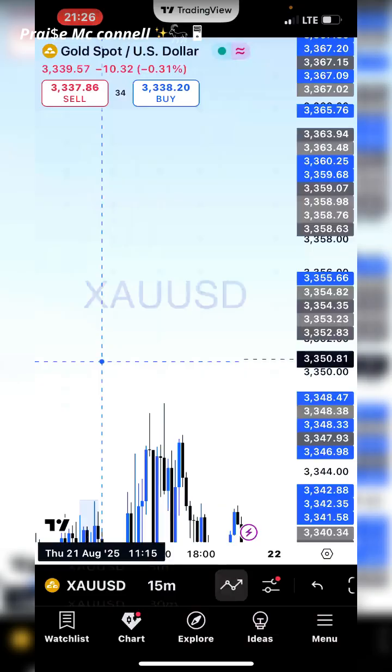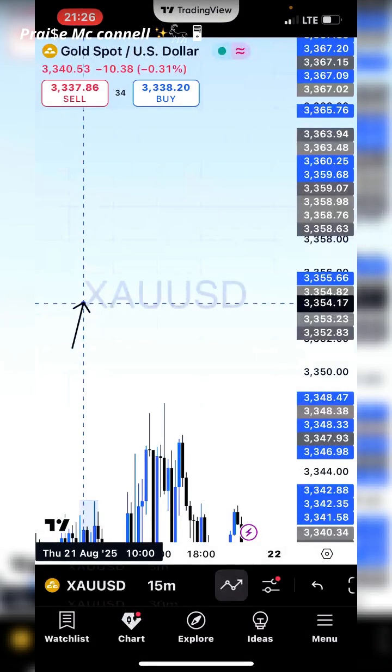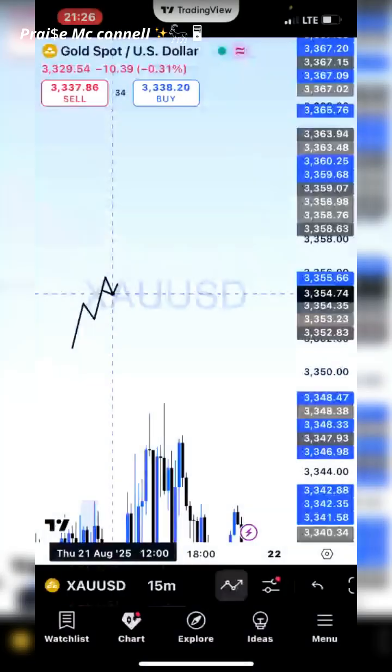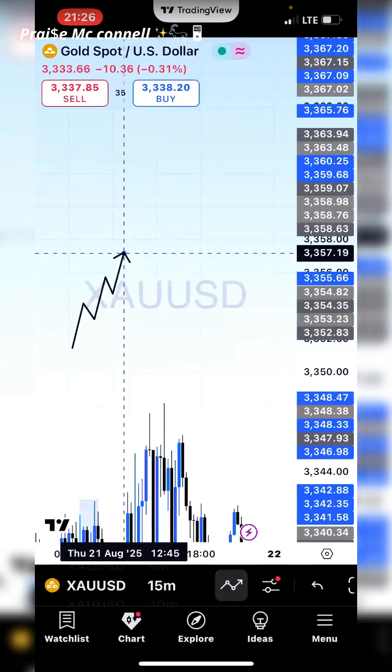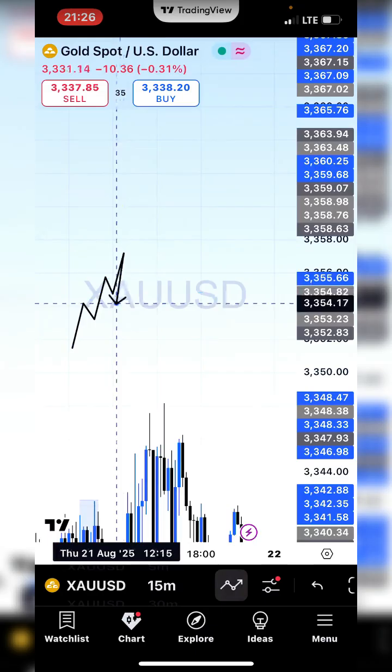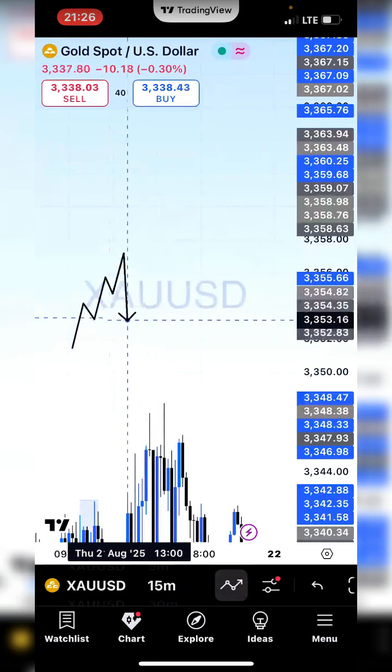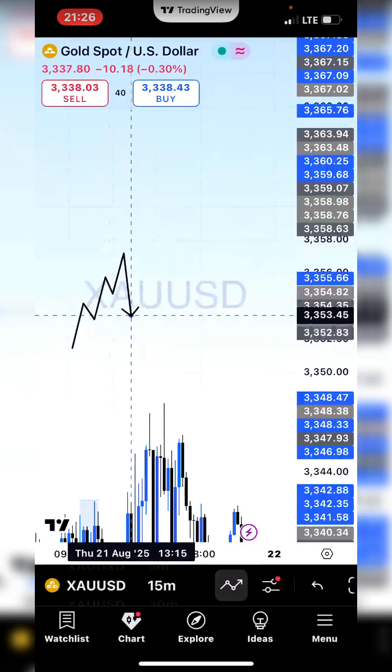So the invalidation is when we're going up in an uptrend, and then price suddenly wants to come down, start going down. We have a change of character, which is the normal thing that happens. And then when we have this change of character, price comes here.